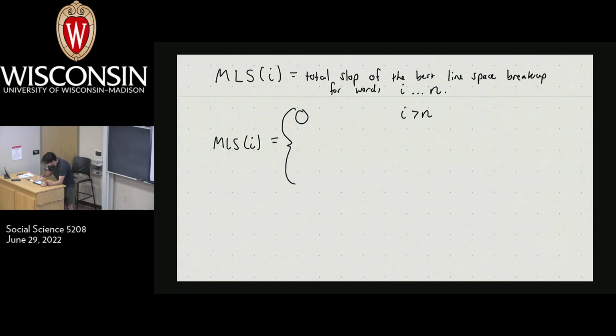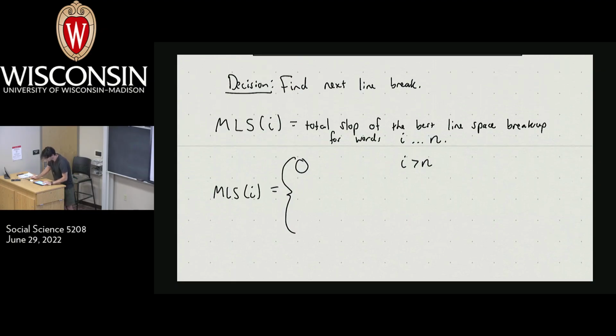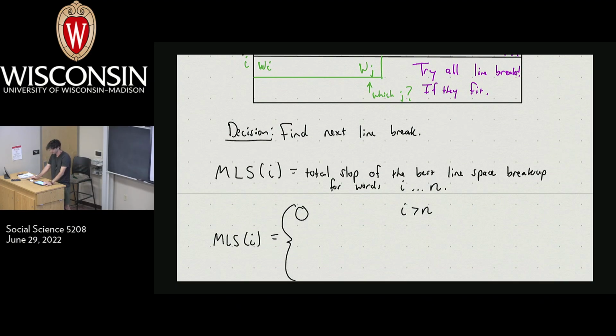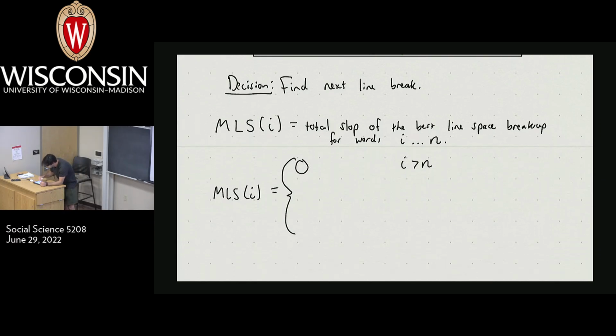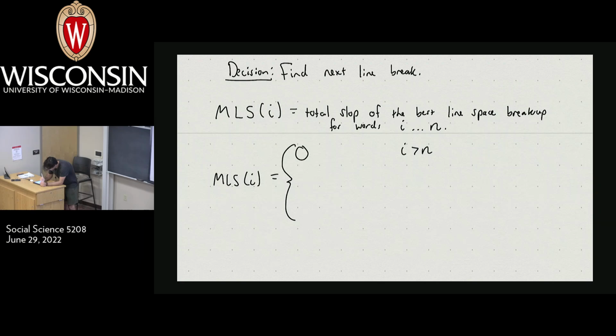Cool. Okay, so otherwise, we have some words. We're going to try all possible options to find the best word. So we're going to have a min over all possible ending words. And this is going to be a greater than or equal to, because maybe we just want w_i on its own.